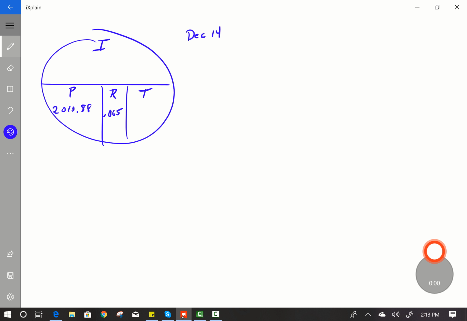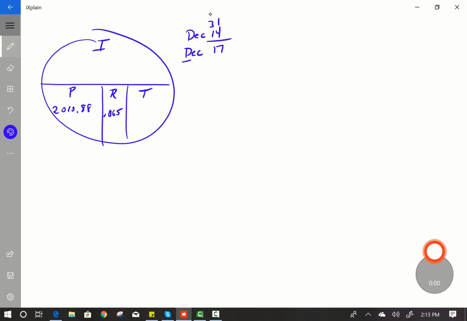I need to find out how many days are remaining in December. Well, there's 31 days in December, so that gives us a total remaining date of 17 days remaining in December, and it matures on February 27th.